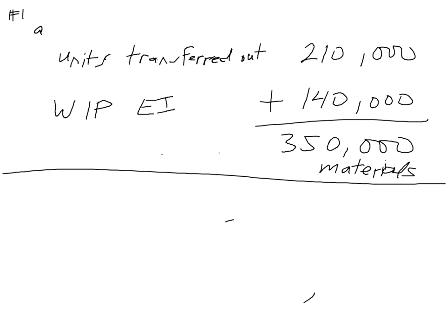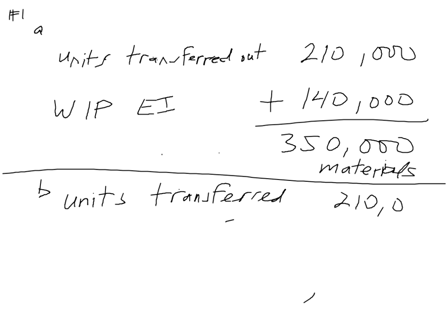Now for part B, we're doing the equivalent units for conversion costs. So again, we have the units transferred out. And remember, units transferred out are 100% complete. So it's also going to be 210 for conversion costs. But for work in process, we have 140,000 units in work in process and the inventory.